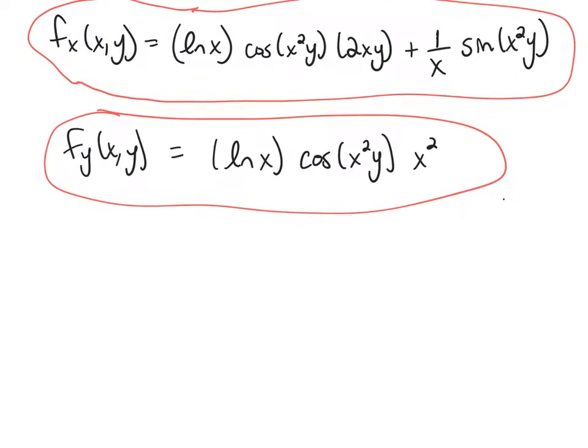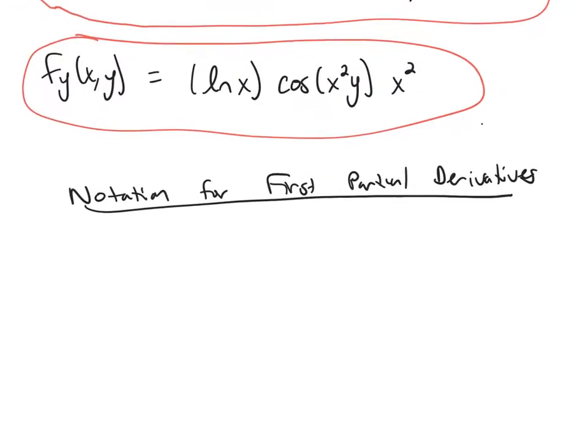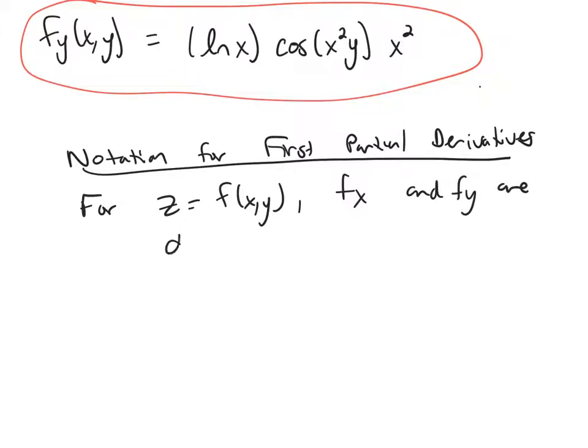Okay, so real quick, I want to go over the notation that's used. Notation for first partial derivatives. So if we're using z, fx and fy are denoted by z sub x.